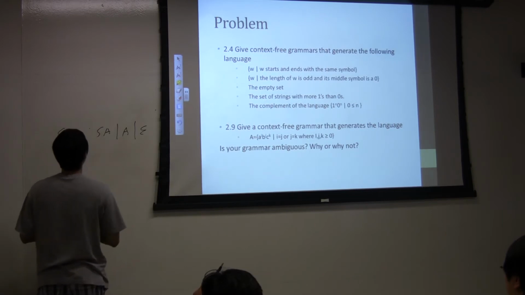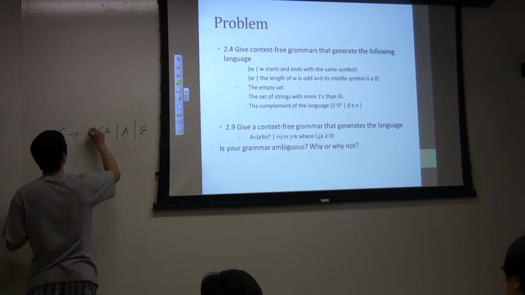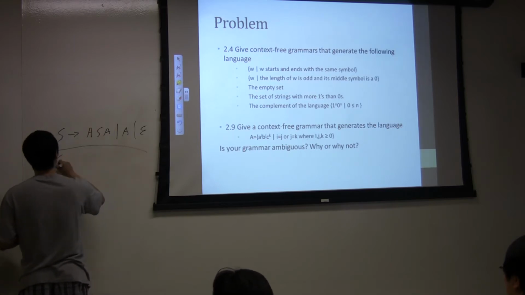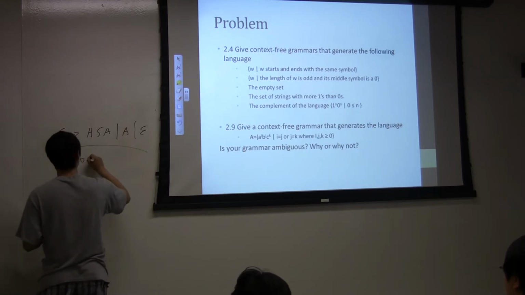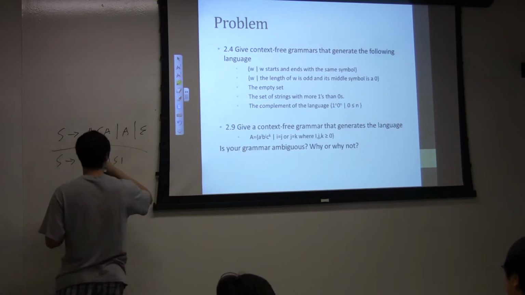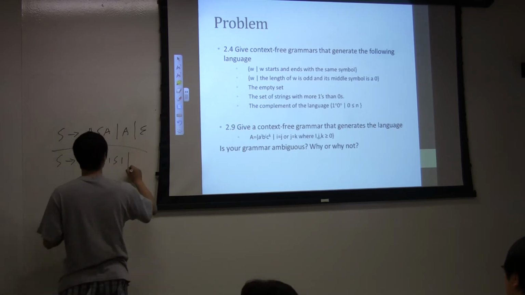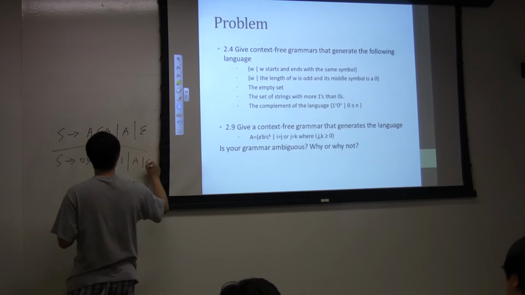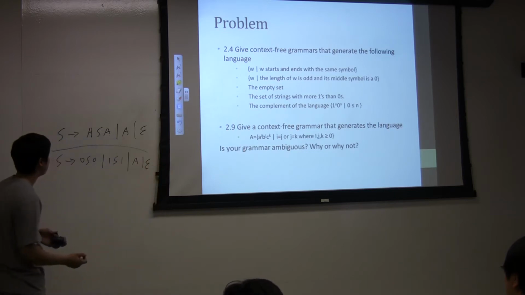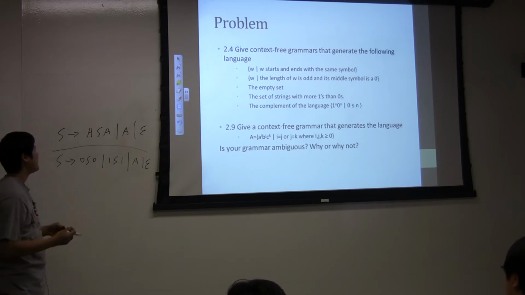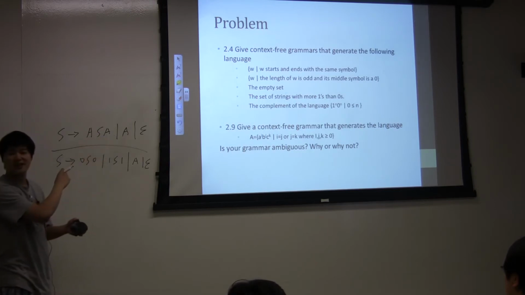This is wrong. Why does that happen there? Because A could be 0 and then A could be 1. Right, the two A's do not need to be the same symbol. That's why.